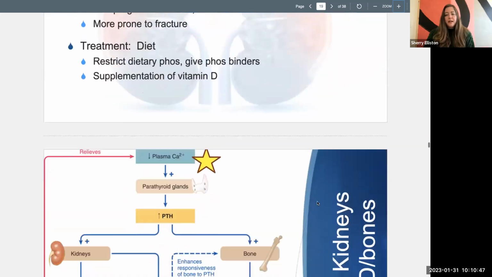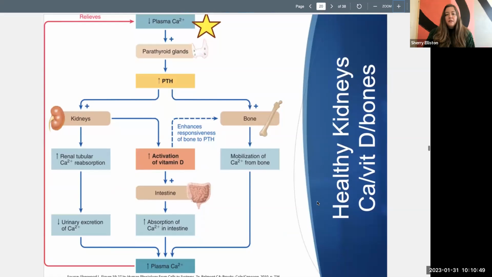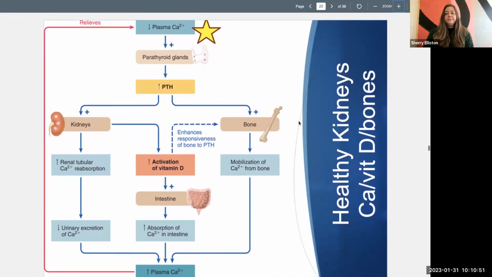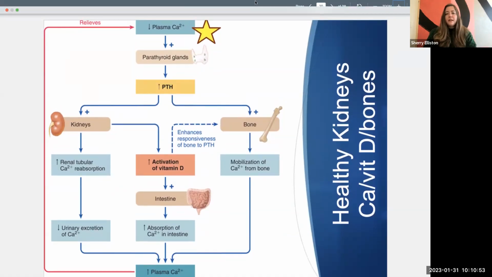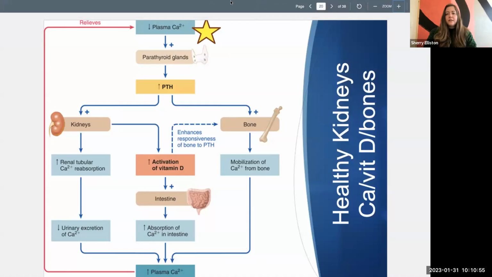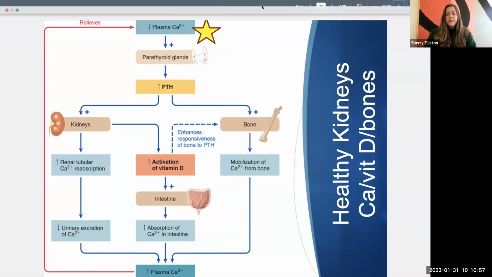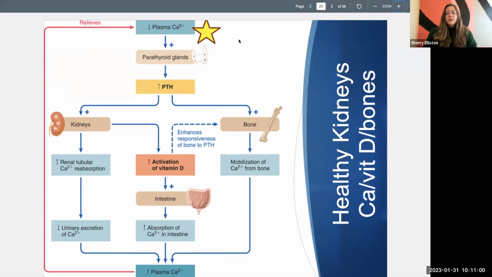I think I have a slide. Here it is. Here is the way that I like to think of this visually. And I feel like this is helpful. Okay, let's see if I can draw some little lines. Okay, I missed my drawings.